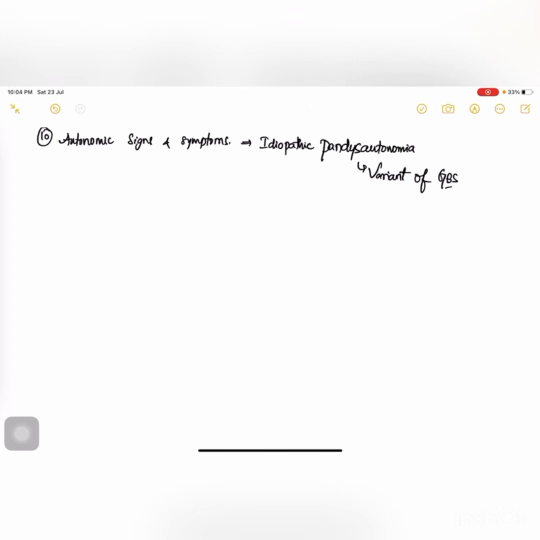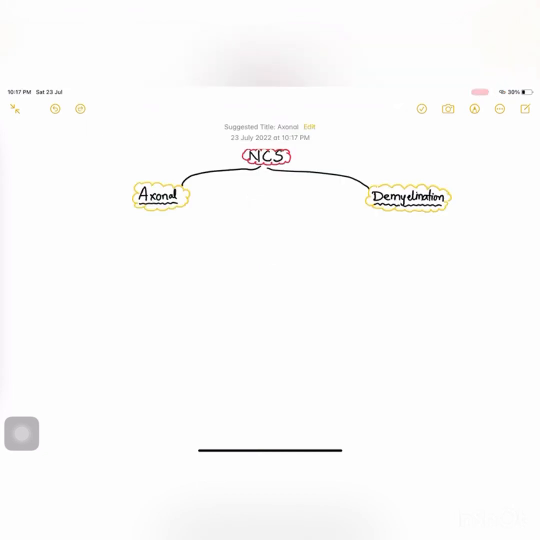You see autonomic signs and symptoms with peripheral neuropathy. Also seen in porphyria, diabetes mellitus, and also in HIV. So these are all the patterns of peripheral neuropathy.